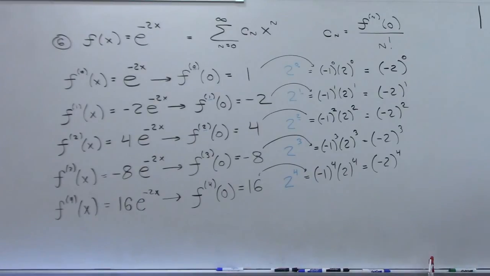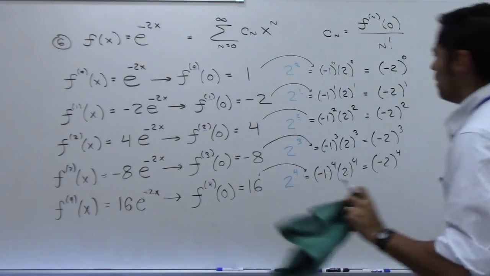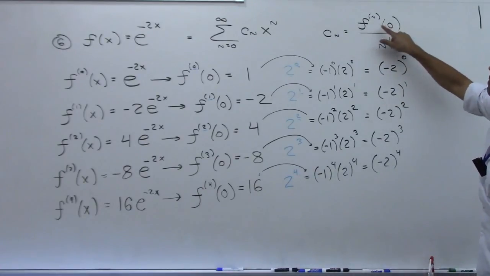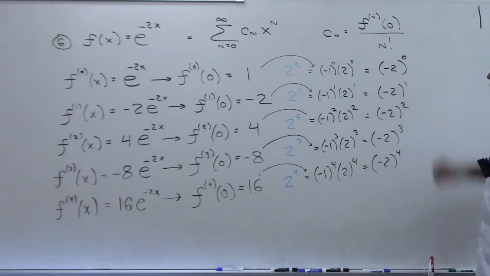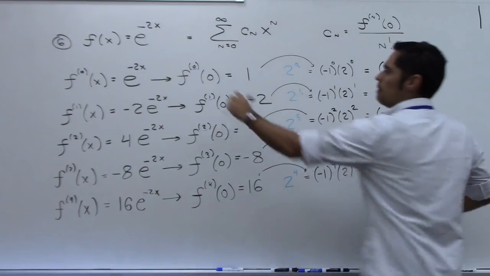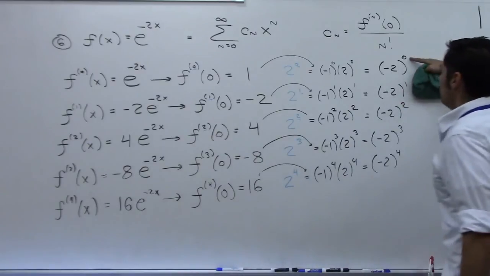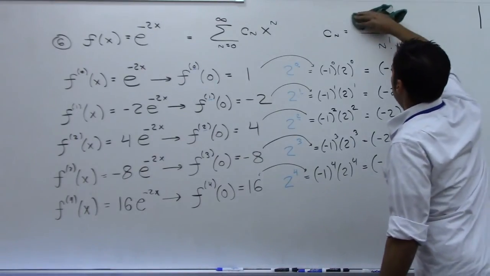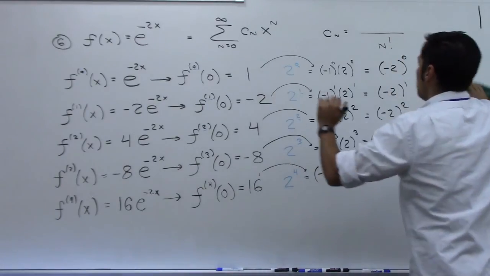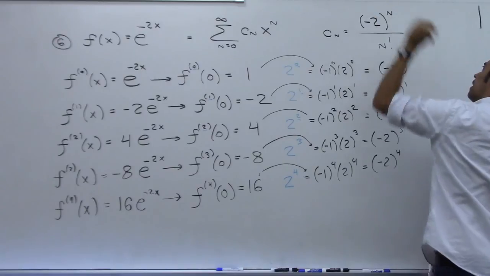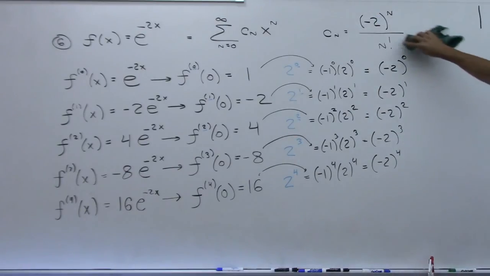So that's my pattern. So what then can I say about this? What's the nth derivative at 0 going to be? Well, remember that this derivative tells us the power on the negative 2. That's all it does. So my c sub n's in this function should be negative 2 to the n, and then it's always divided by n factorial.